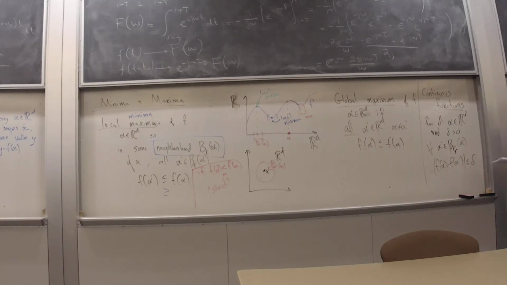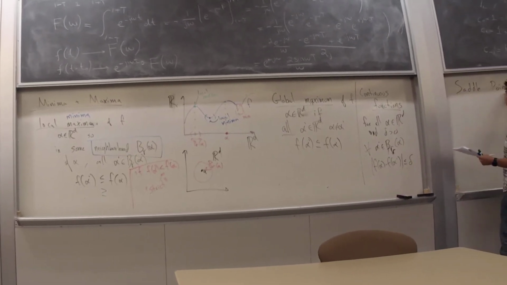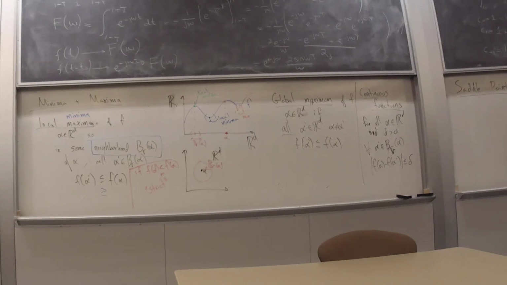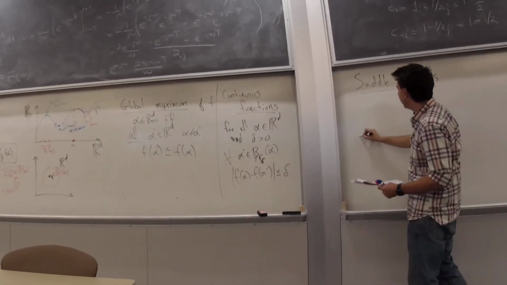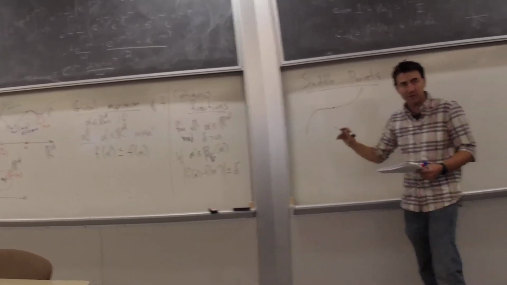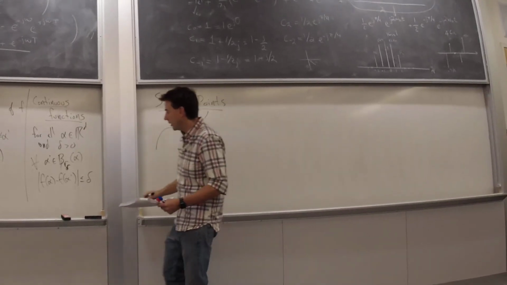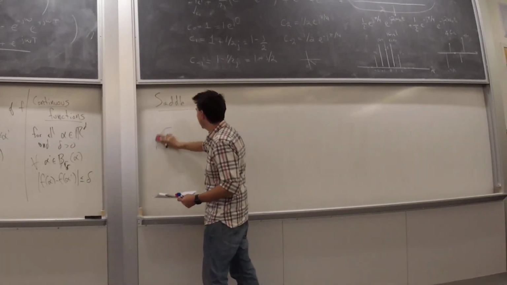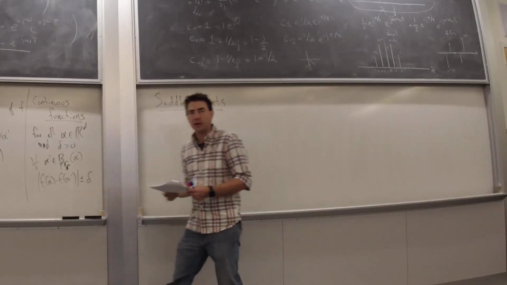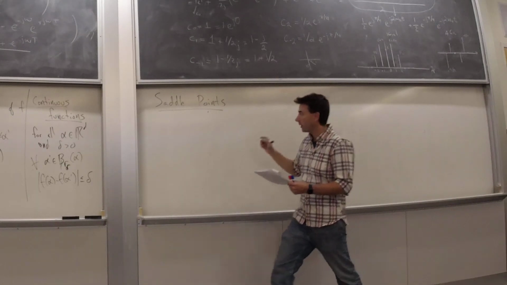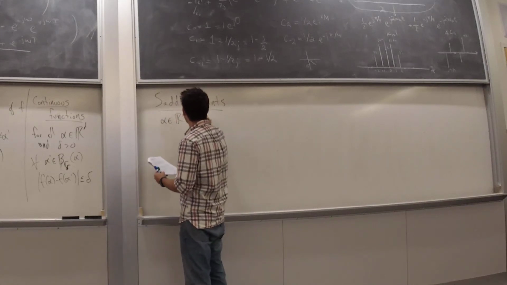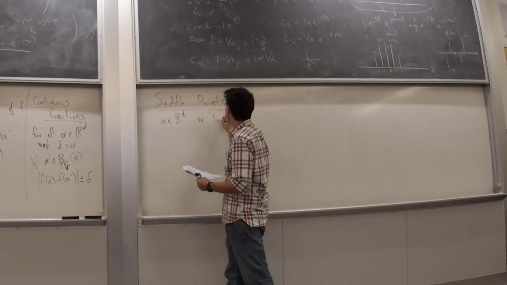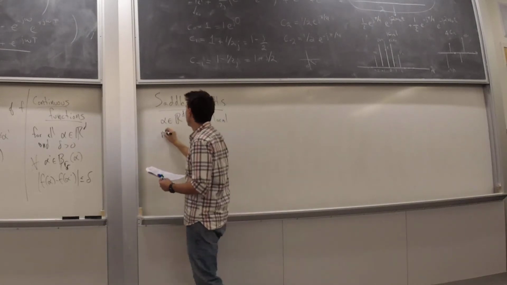Okay, so something else which is important are saddle points. In calculus, you probably learned about saddle points as looking something like this in one-dimensional functions. In high dimensions, we need to think about them slightly differently. So it's going to be some alpha in R^d.